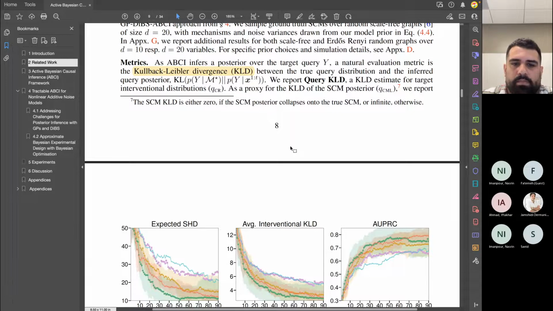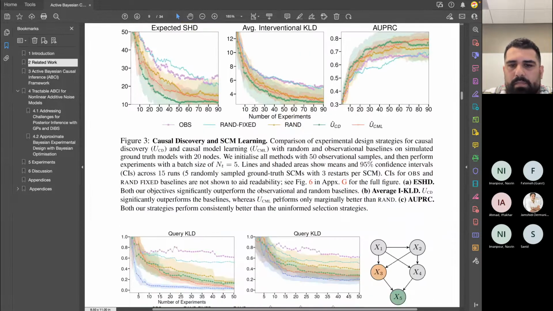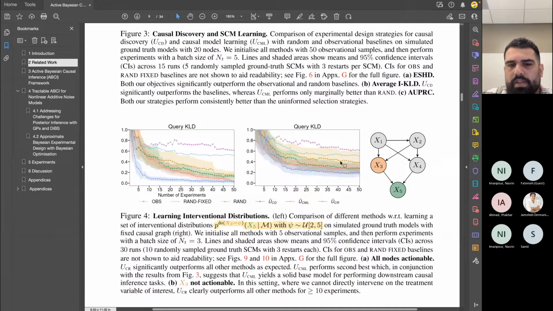So they show here based on interventional data, and they also use SHD, which is structural Hamming distance, which is commonly used for causal discovery, and AUPRC, the area under the precision recall curve. So AUPRC is the precision recall curve over here.